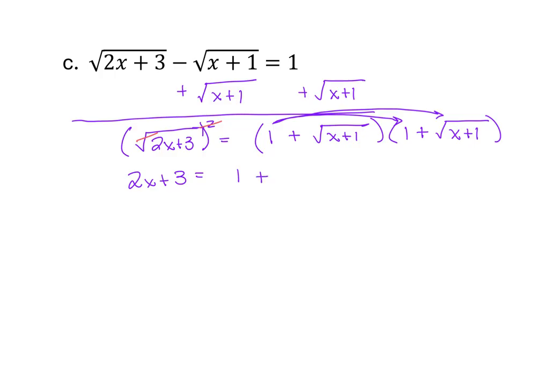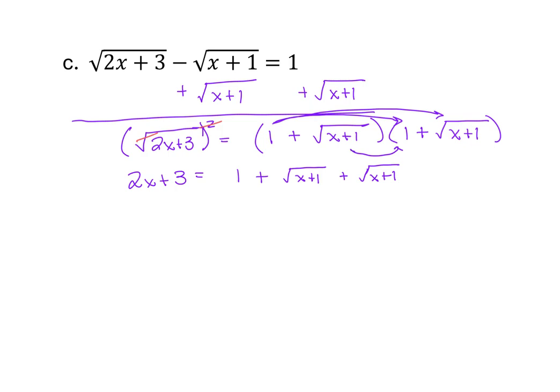And so what we end up with here is plus the square root of x plus 1. If we do our insides, it's going to be the same thing, okay? Because it is a 1 that we're multiplying by, we don't have to do anything fancy. It's just going to be the square root of x plus 1.